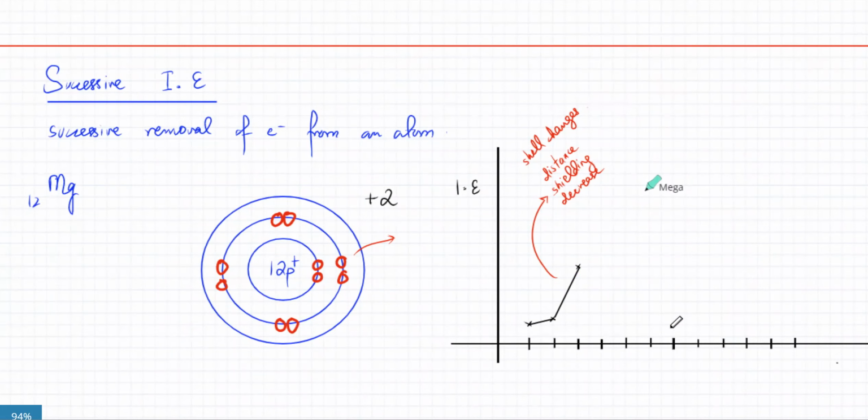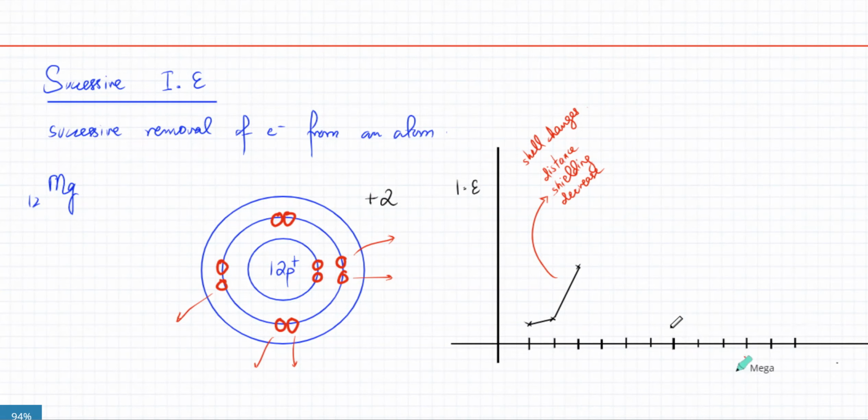So what about now you're removing all the other electrons from the second shell. The distance and the shielding are the same, so it's not going to be that much of a difference. So you're removing the third, fourth, fifth, sixth, seventh, eighth, ninth, and 10th.